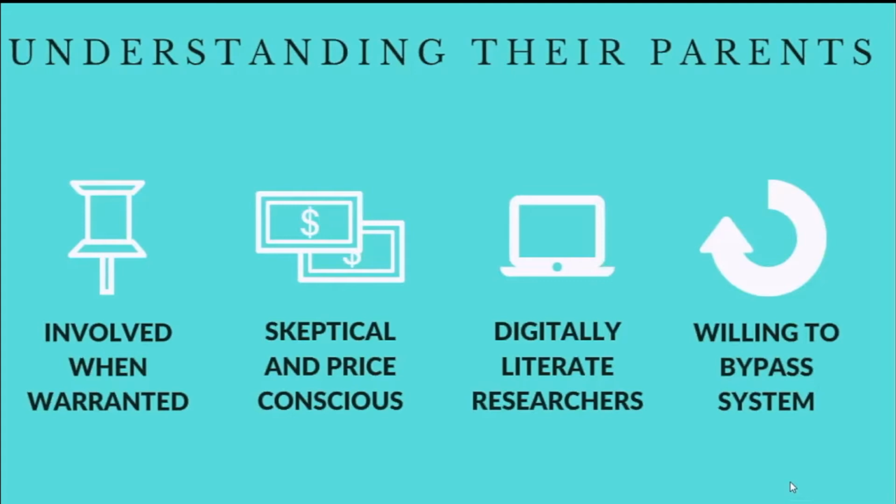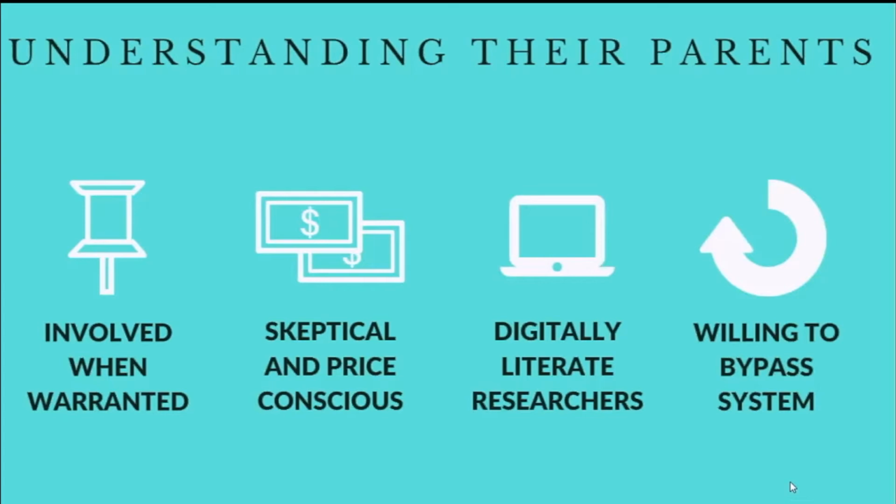They're skeptical and price conscious. They're digitally literate researchers. So skeptical and price conscious go together. Some of the characteristics of Gen X is that they're always looking to see what they might be able to do a la carte or by themselves, and is it really necessary to spend that much money?